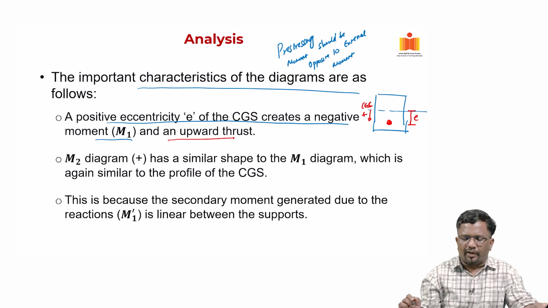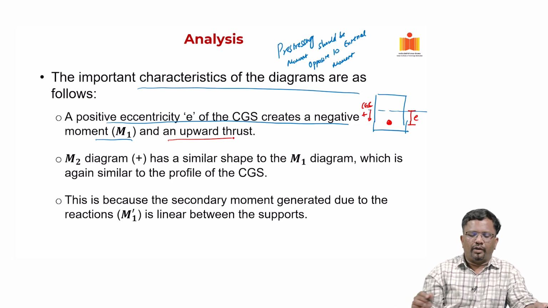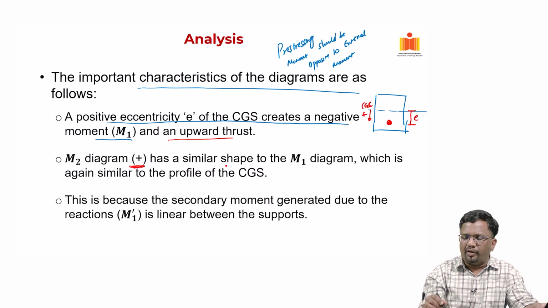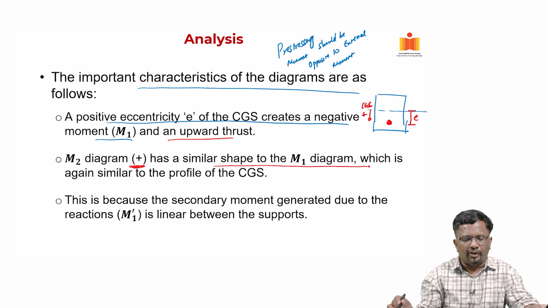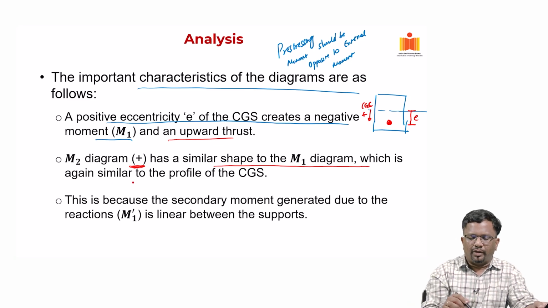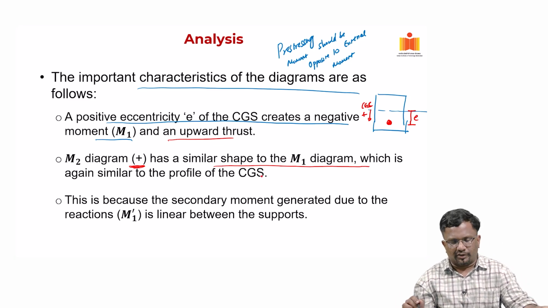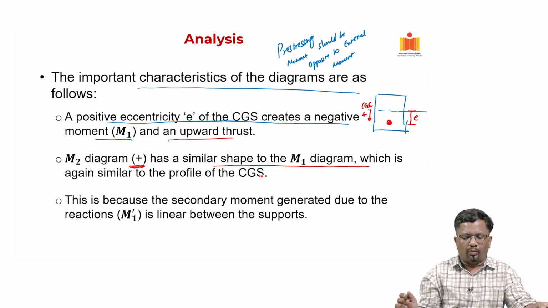Now, the M2 diagram, okay, typically it is positive, and has a similar shape as that of the M1 diagram, which is again similar to the profile of the CGS. Okay. So why is it so?